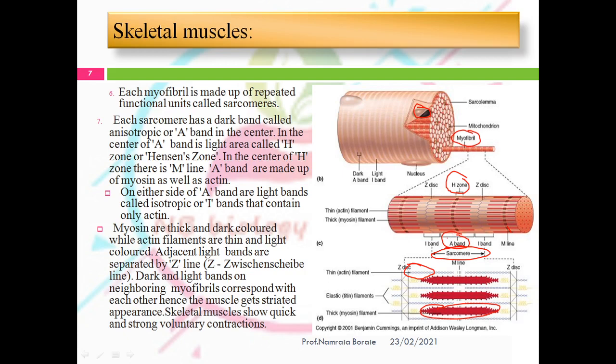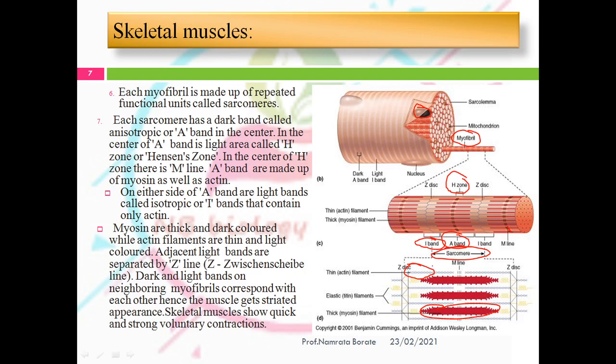On both sides of the A band, there is the isotropic band. This isotropic band is also called the I band. The I band contains only actin, meaning there is an absence of myosin. The myosin is thick and dark colored, while the actin filaments are thin and light colored.